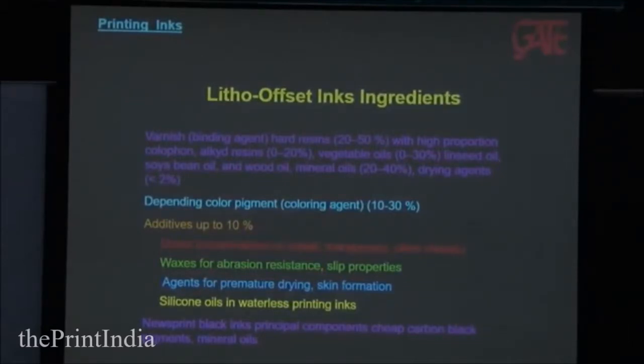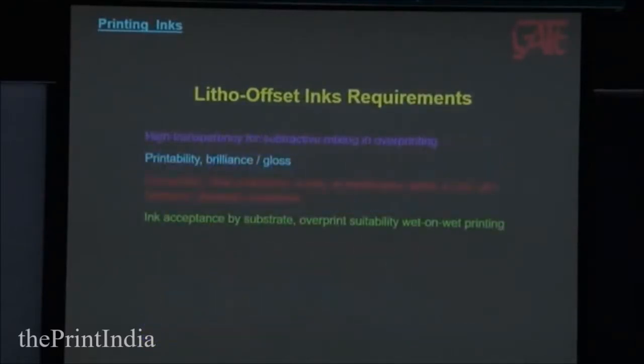Color pigment 10 to 30%, then additives up to 10%, dryers, waxes, agents, silicone oils. Newsprint black, principal component, cheap carbon black. So sometimes some newspapers use expensive 3-color inks and a cheap black ink because the black consumption is more. Requirements: high transparency for suitable mixing in overprinting. Inks superimpose on one another.